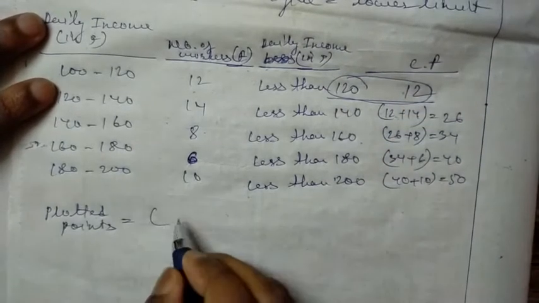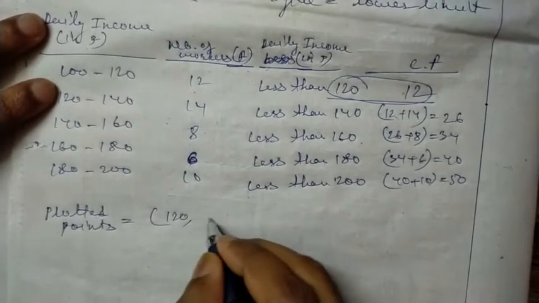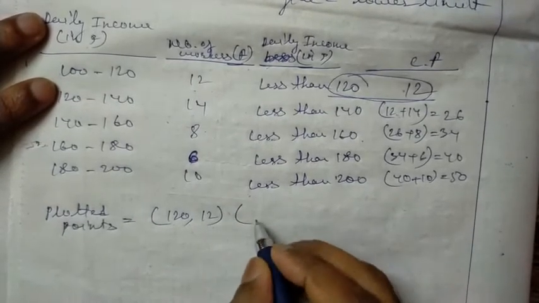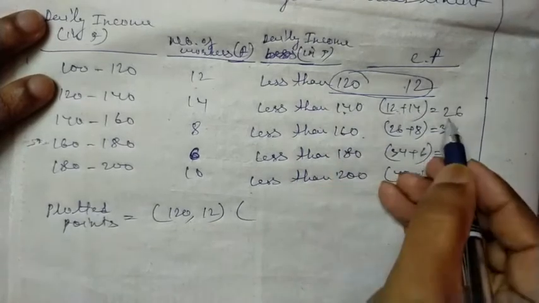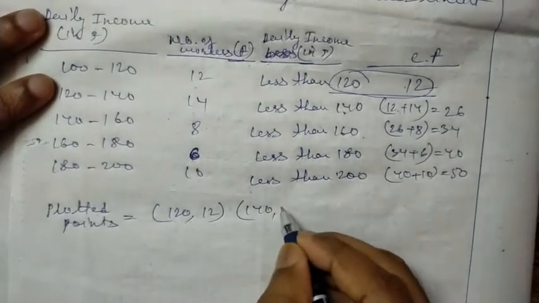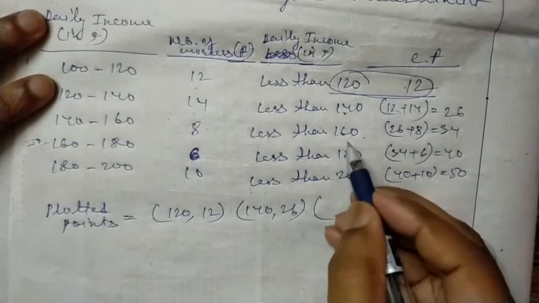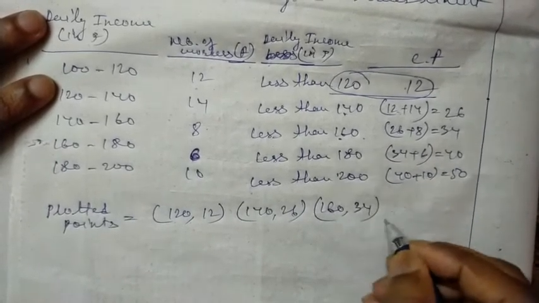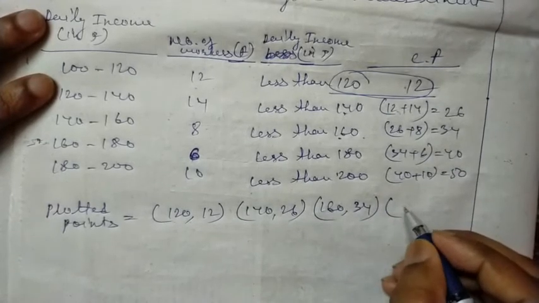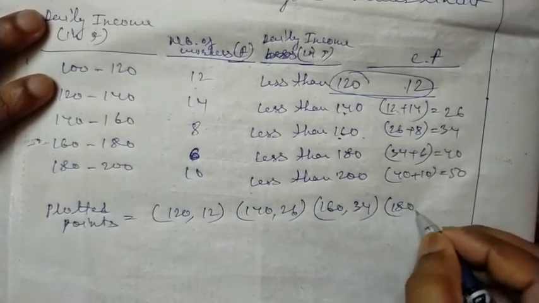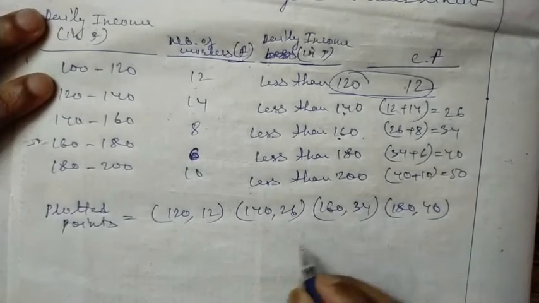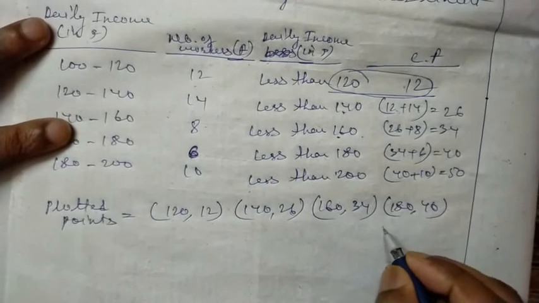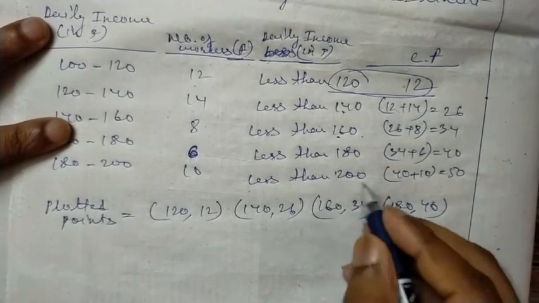Again 140 and 26. Again 160 and 34, 180 and 40, and the last one is 200 and 50.